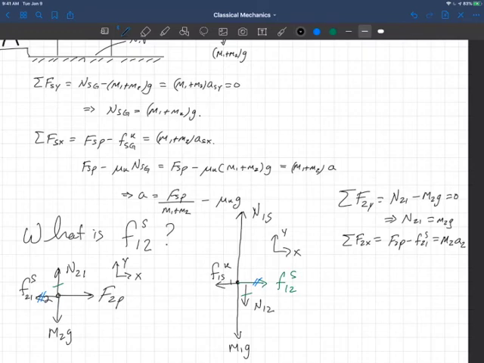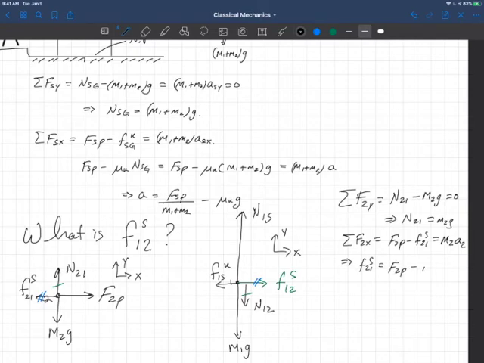Now, we already know what it is, though, because we've said the acceleration of the objects is for them accelerating together, which means those accelerations are going to be equal. So then, therefore, we can now solve for F21s, which is going to equal what?